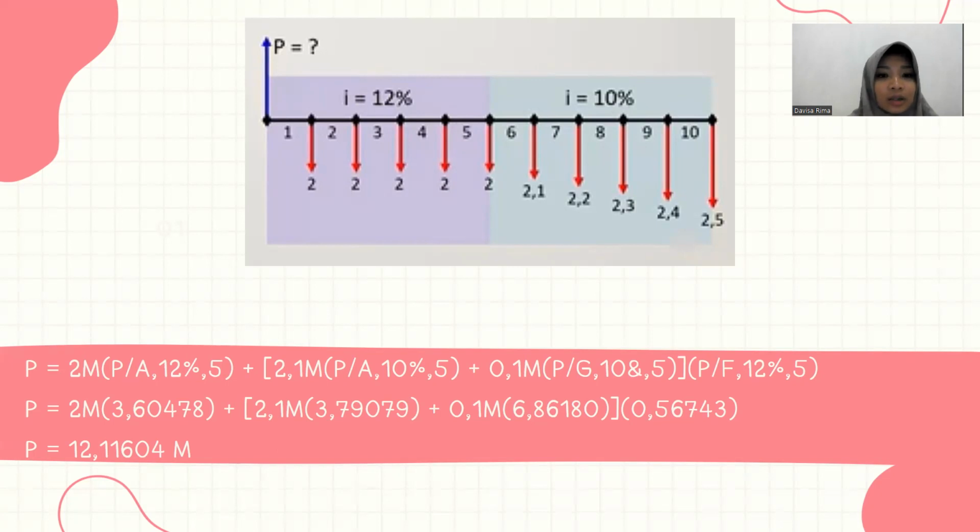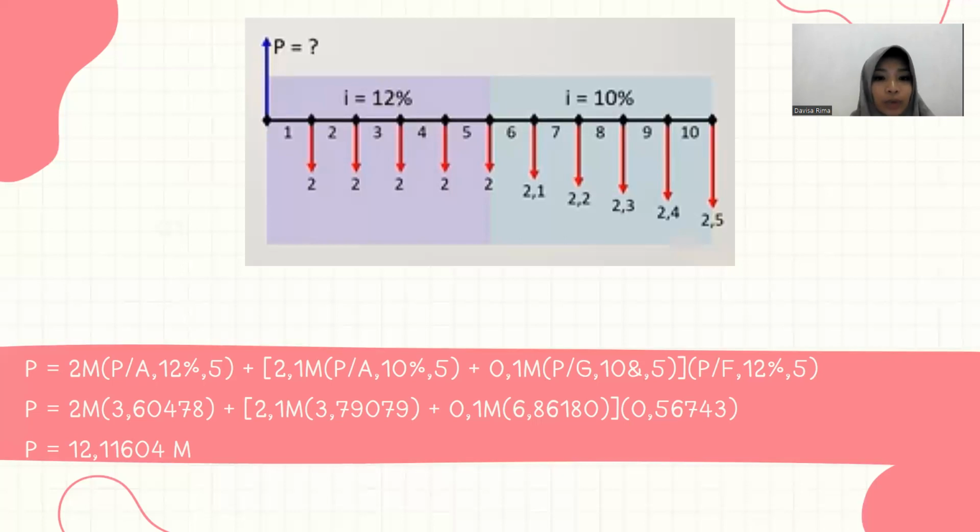Then this P value can be from the 2.1 billion and the P value obtained from the additional 100 million each year. We add them up, we get the total P value here, and then we present it, 1, 2, 3, 4, 5.